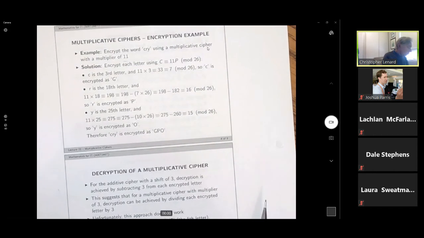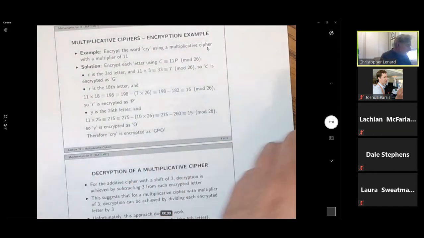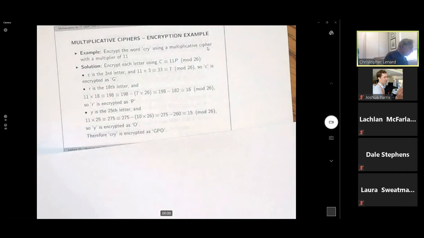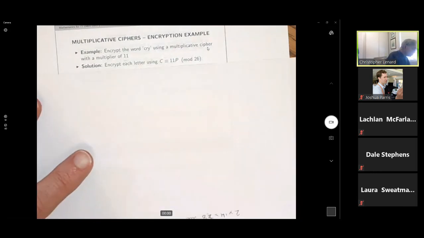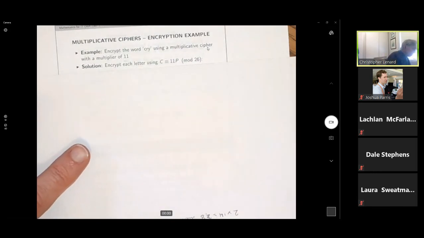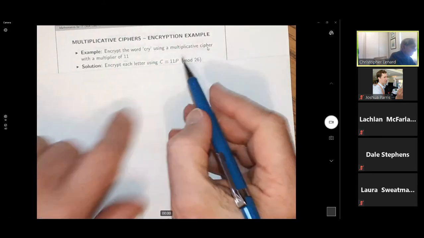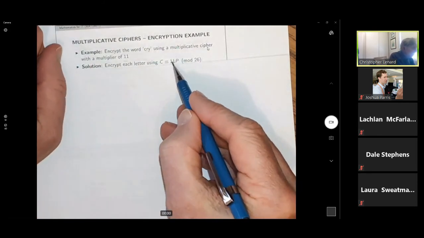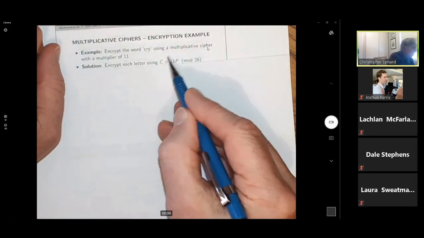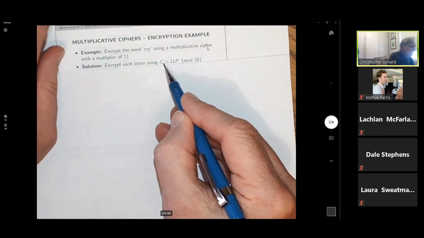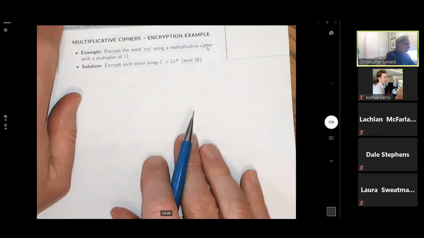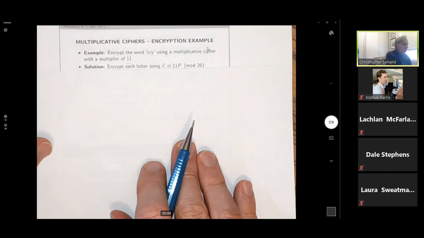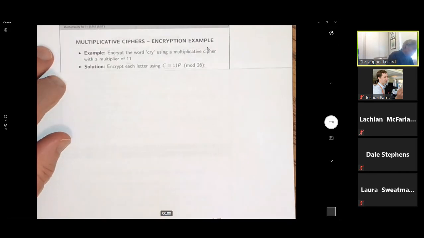So actually, I'm going to set it out this way. Here's our encryption technique. Take the plain text number, multiply by 11, reduce mod 26, and that's the ciphertext number. And then you encode it back into letters.